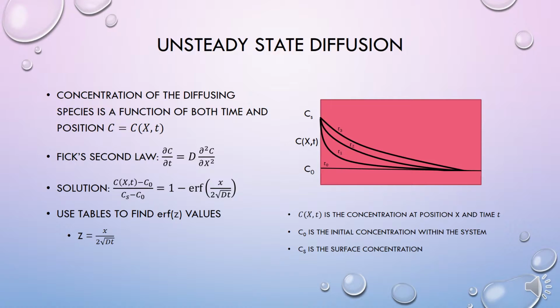You have to use tables to find the solutions to the error function and the values within. Fick's second law also has the concentration at a position and time. It also has the initial concentration within the system and the surface concentration of the system.